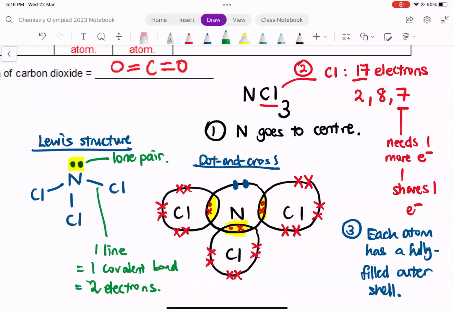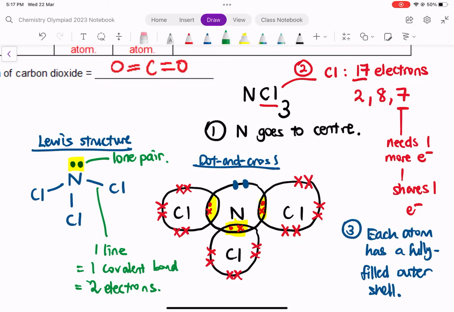Whenever you have a lone pair, it means that the molecule is quite reactive. It is able to donate these lone pairs to other molecules, which may require electrons. So just bear this in mind.